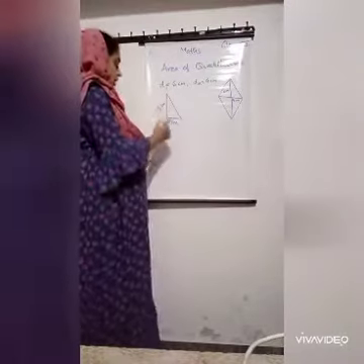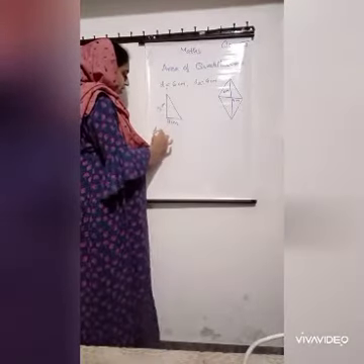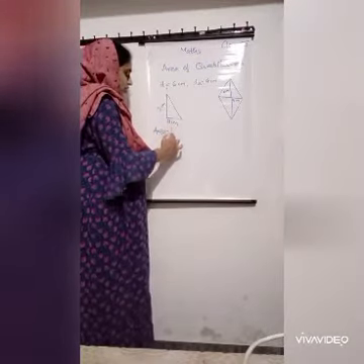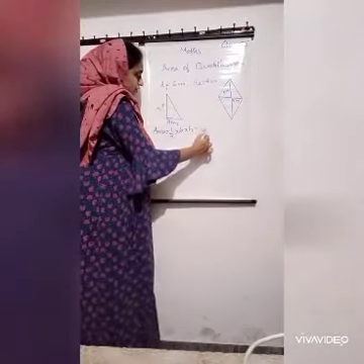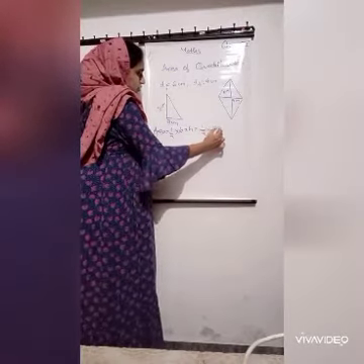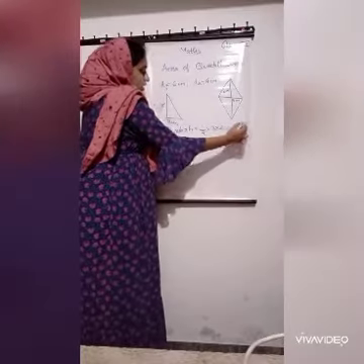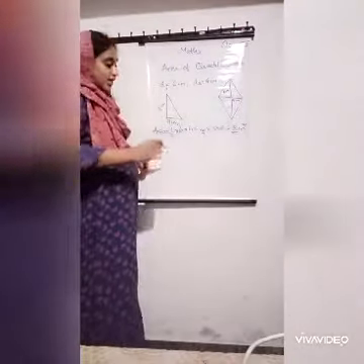Anybody have any doubt? Okay. How we find the area of a triangle? Area is equal to, it is very easy, half into b into h, that is equal to half into 3 into 2, that is equal to 3 centimeter square. Now how we find the area of the rhombus?